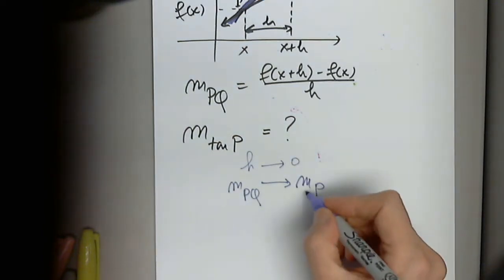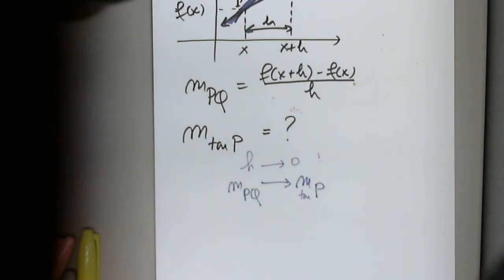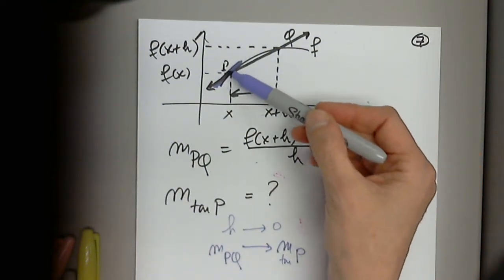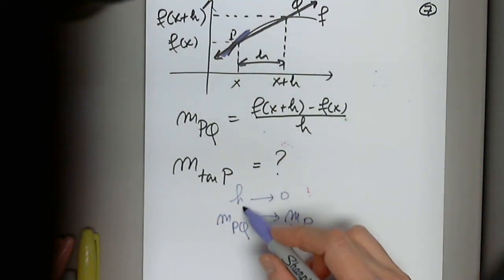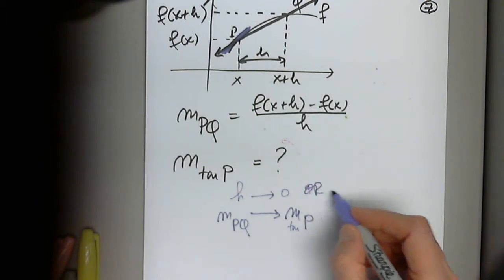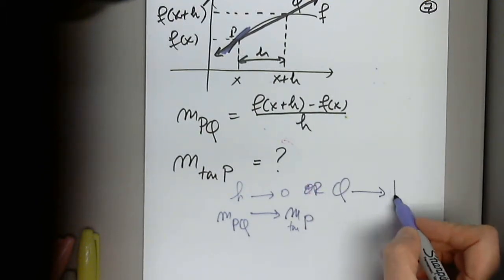Let me write tangent. Would you agree with that? So as Q gets closer and closer to P, in other words, h approaches 0, or I can say Q gets closer and closer to P.